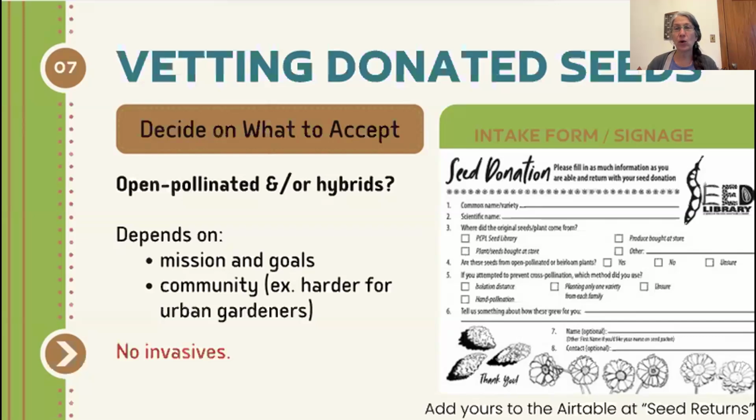Obviously, a no-brainer is no invasives. Hopefully, most people in your community are not going to be turning in invasives, but there might be some ornamental things in your community that someone from out of town, or someone who's new to gardening, may not be familiar with. I think about morning glories in the Southwest.